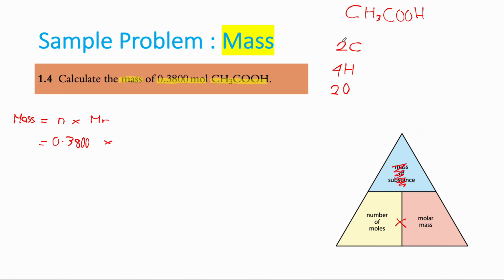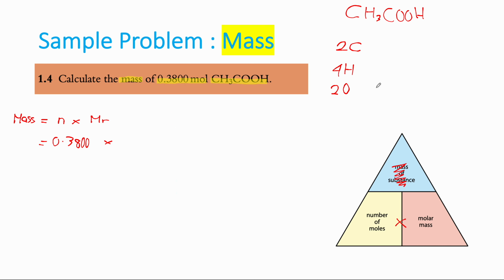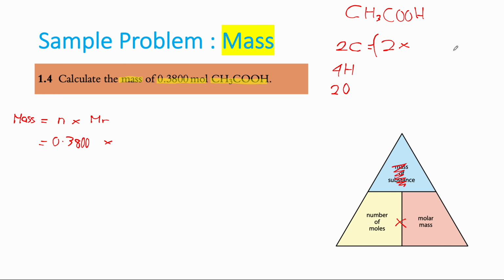And to find the individual molecular masses of these atoms, you apply the same principle as before that we did here. So 2 carbons equals 2 times the weight of a single carbon atom, which we can get from the table, which is 12.01.